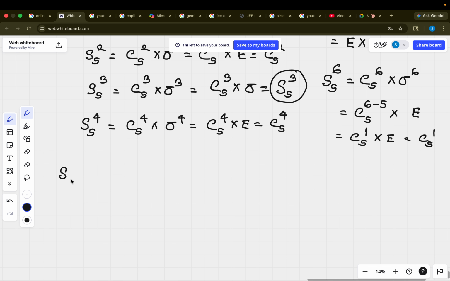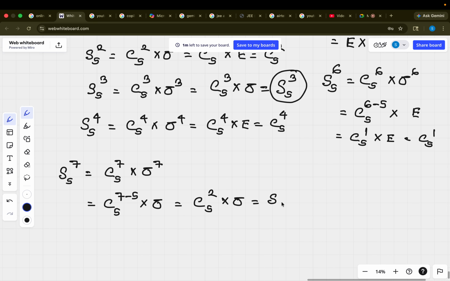Now next you have S5 7. That will be equal to C5 7 into sigma to the power 7. So that means C5 7 minus 5, and sigma to the power odd means again you are getting sigma. So what I am getting is C5 square into sigma, and C5 square into sigma means you are getting S5 2, right?